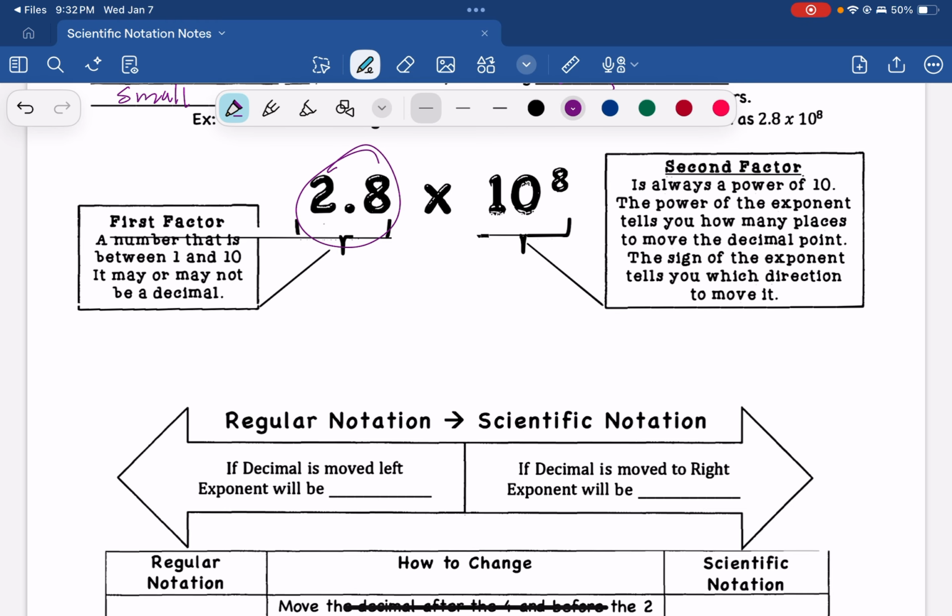And this always starts us off with a number that is between 1 and 10, and then there may or may not be a decimal here, and then there's our other digits over here. Our second factor is always going to be a power of 10. So our second factor over here is telling us how big it is. So like when I say millions, that's just telling us how big the number is.